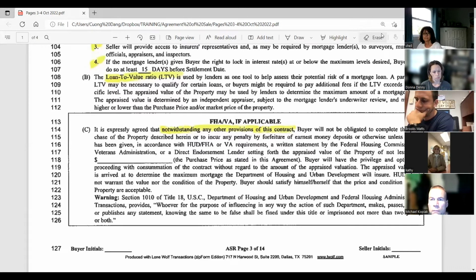Now, this portion is written into the contract, and some states don't have it in their contract, so that's why lenders will make you sign what's called an FHA VA amendatory clause, which will state the same thing. When your seller gets that clause, they should just sign off on it and realize that they had already agreed to it in our contract.